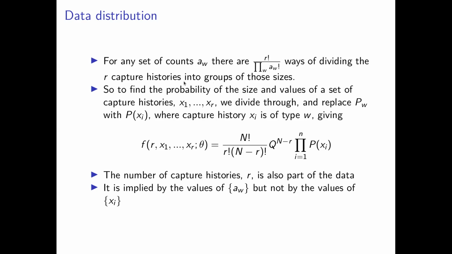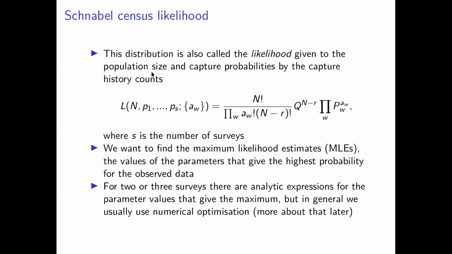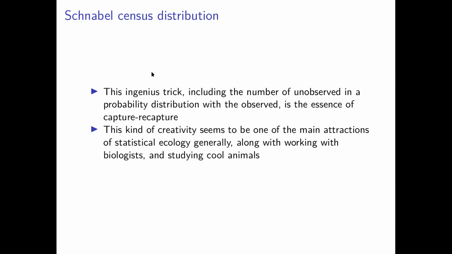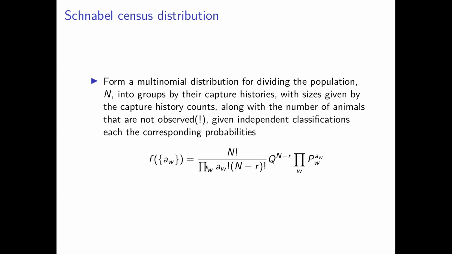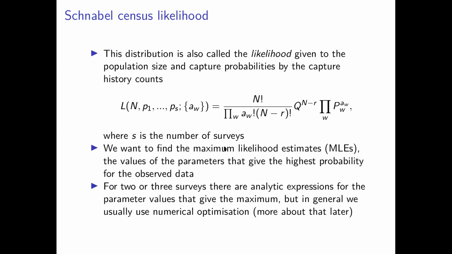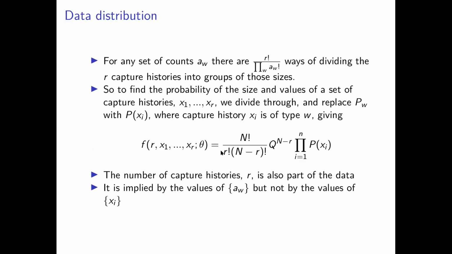And so if you divide this expression by the number of ways, then this part of the denominator disappears, and it's replaced with this factorial here. And so now we have the probability of the capture histories themselves, plus the number of capture histories.